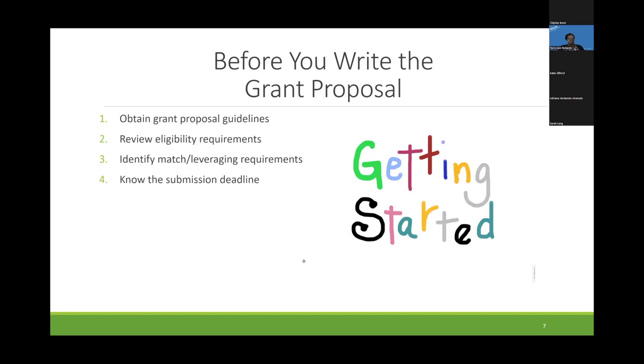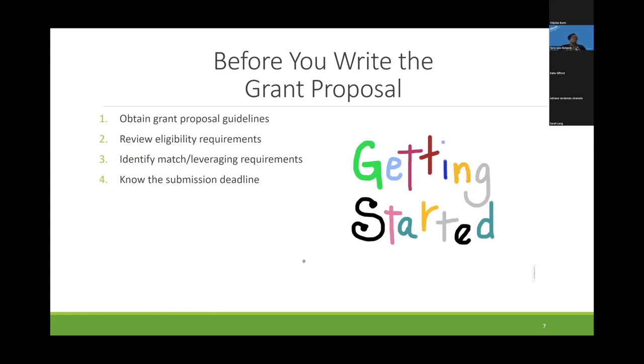Obviously, know the submission deadline. I'll also say with regard to the grant proposal guidelines, a lot of times you'll get the request for proposals, or RFP or RFA, and that document will be one thing that's posted online. It's another thing though to start the process of registering with the organization and figuring out what that online form looks like, because sometimes the online form does not match the proposal guideline form.